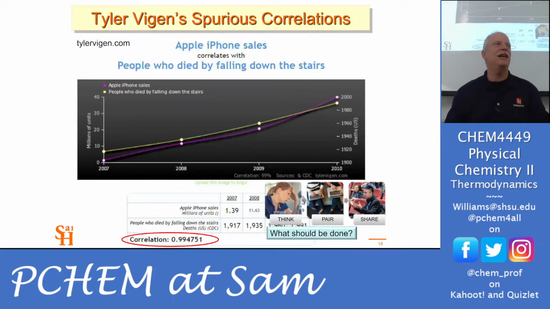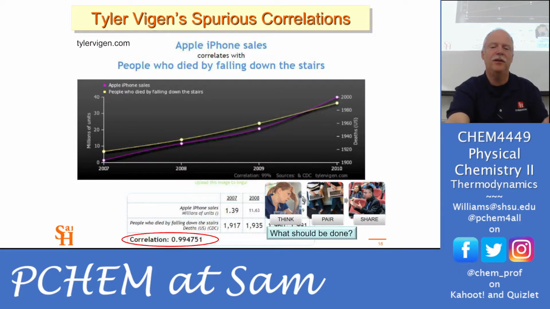They show a correlation, and that's the question: what should be done? Call your congressman. Let's get this fixed. When they haven't shown a connection, they've shown a correlation. Since we're talking about probability, I'm passionate about opening your eyes to what's going on around you, especially in terms of correlation and causation. So maybe nothing should be done. Maybe these things aren't connected at all, but they do correlate.